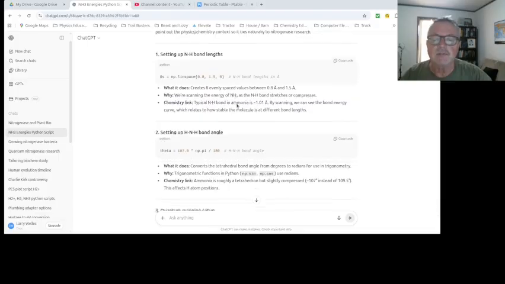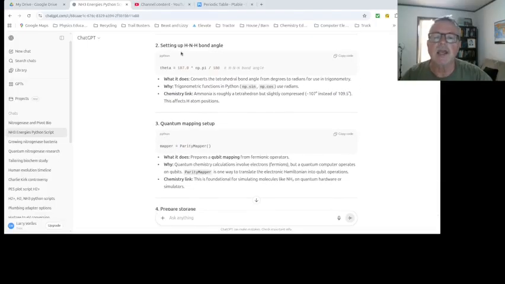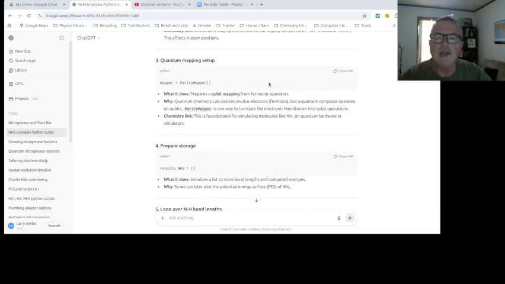different pieces. Now we set up the HNH bond angle. There's that 107 degrees from that picture that I showed. So that's what this line is all about. So we go down here, the quantum mapping.